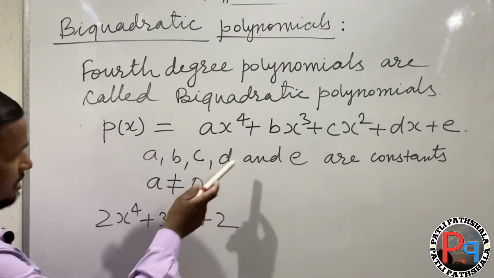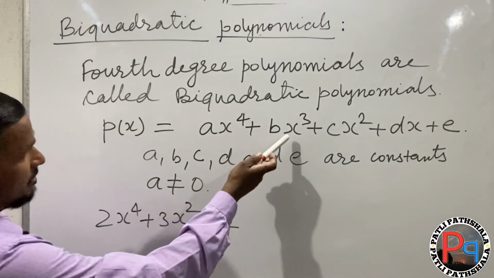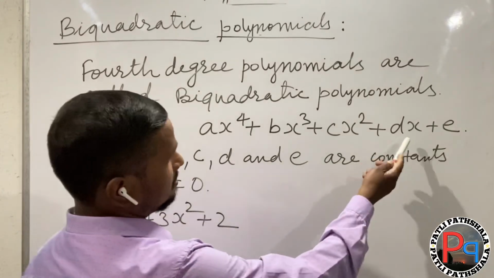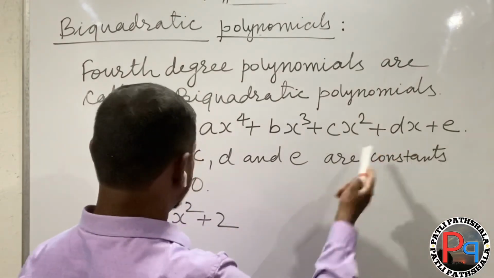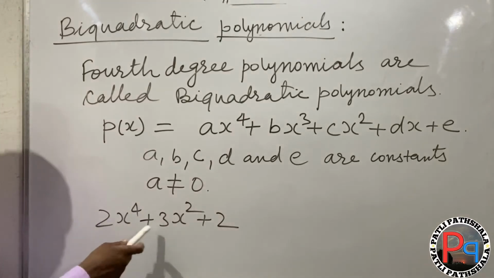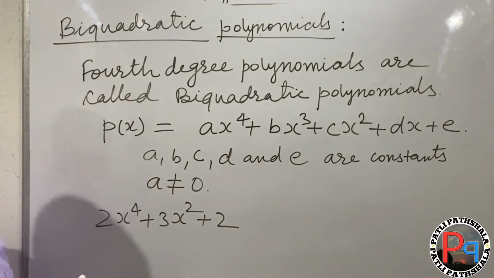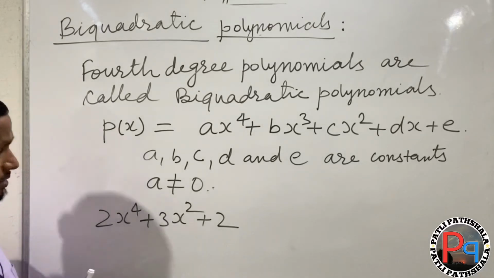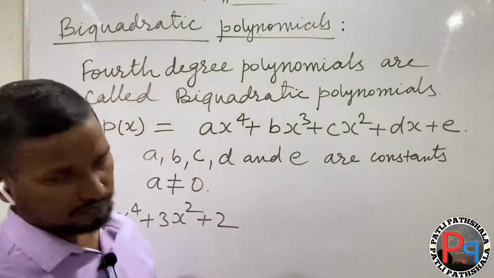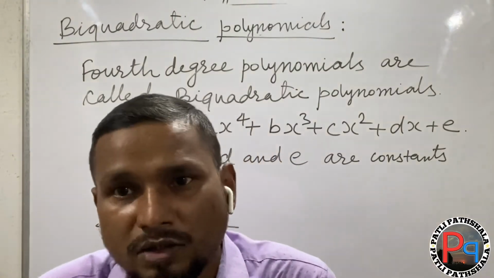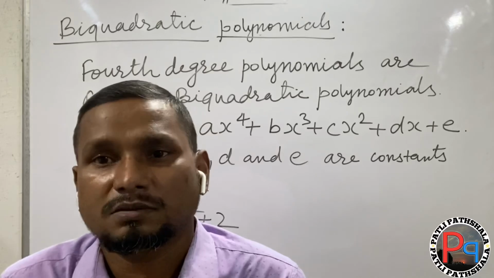The x term with power 3 is missing here, and the term whose power is 1 is missing. So this is not the standard polynomial, but its maximum power is 4, therefore it is a biquadratic polynomial. These were the classifications of polynomials on the basis of degree.